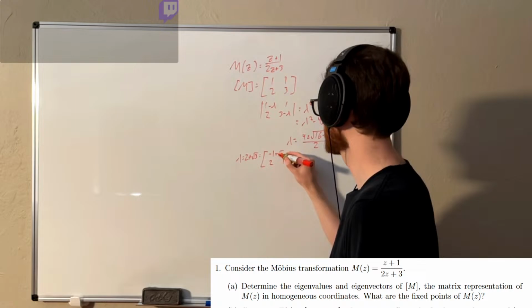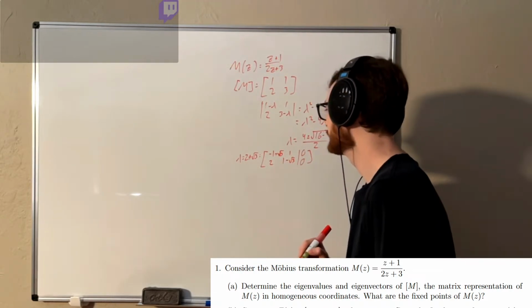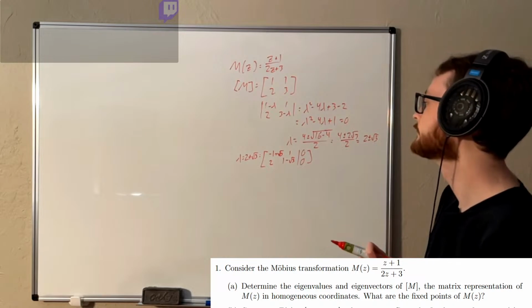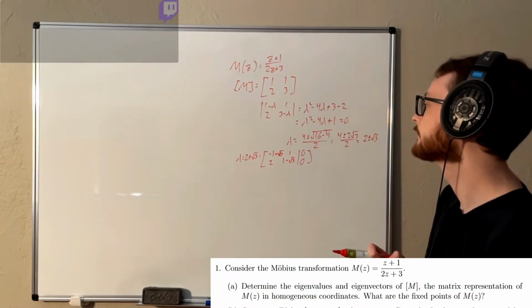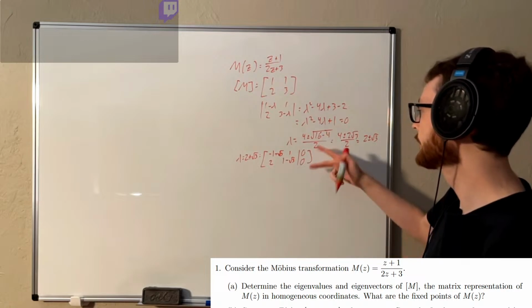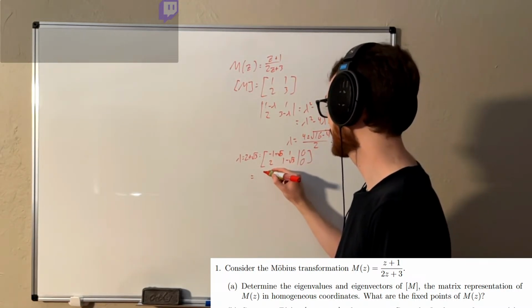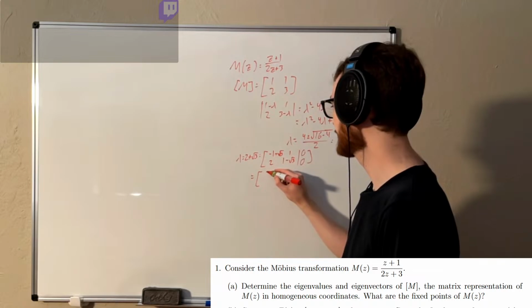There'll be a minus there. Swap the 2 rows. It's always better to get the rational one on top.